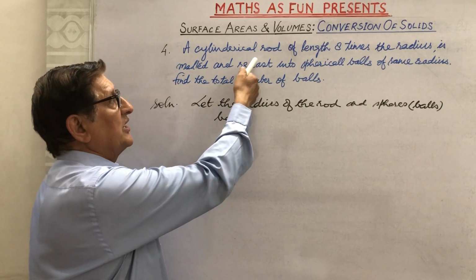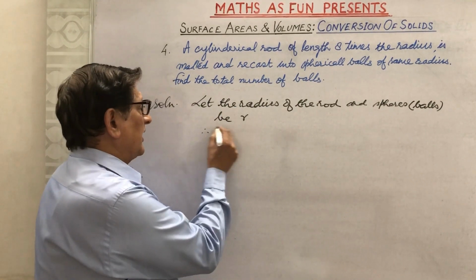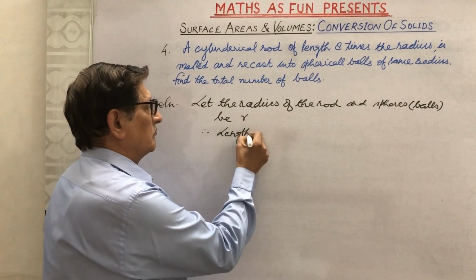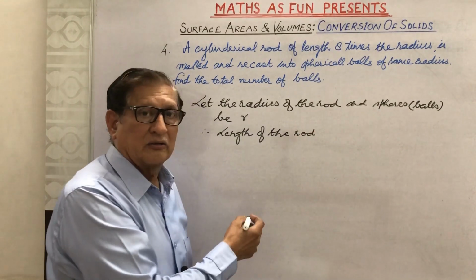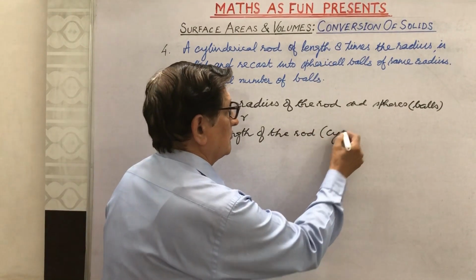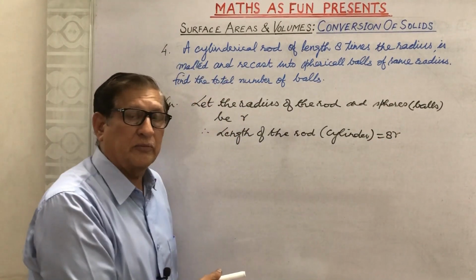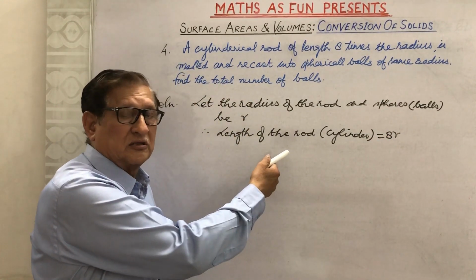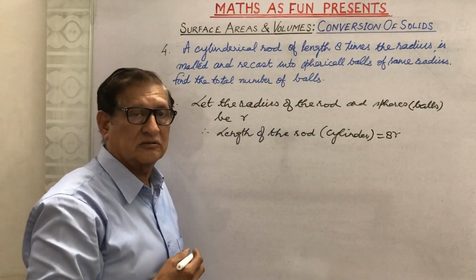It is given that the length is 8 times the radius. Therefore, the length of the rod, that is cylindrical, or we can write cylinder, is equal to 8r, because it is given that the radius is r and the length is 8 times the radius.